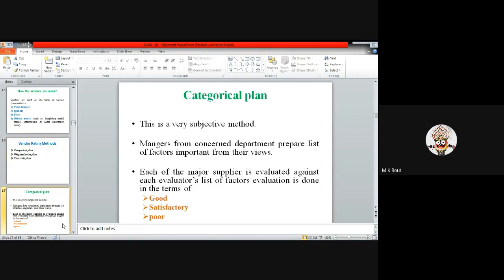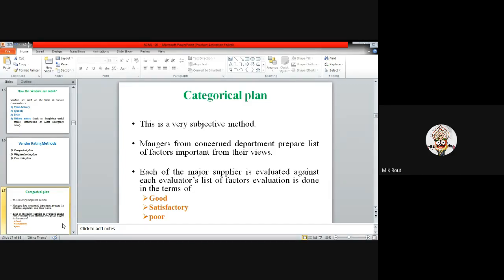In the case of categorical plans, it is a very subjective method. Managers from the concerned department prepare the list of factors from their views. Then each major supplier is evaluated against the list of factors. Evaluation is done in terms of good, satisfactory, and poor.